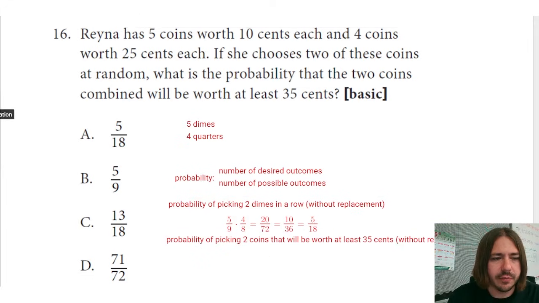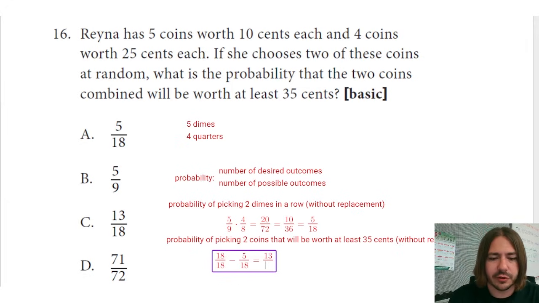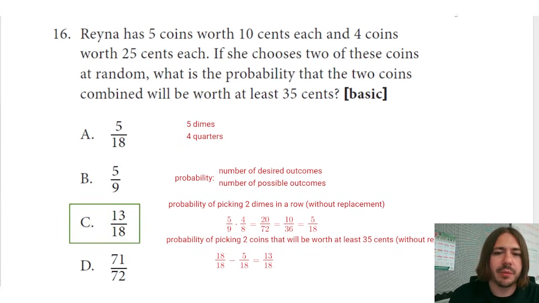So in other words, it's going to be all 18 outcomes, right? So this would be 100% of all the total outcomes, minus those 5 outcomes. That would be the 2 dimes in a row, and that's going to give us 13 possible outcomes. This is going to give us our answer here, 13 out of 18, which is going to be the probability of picking 2 coins that add up to at least 35 cents.